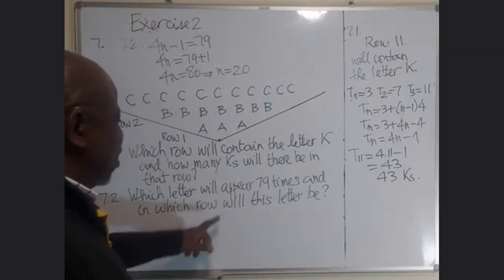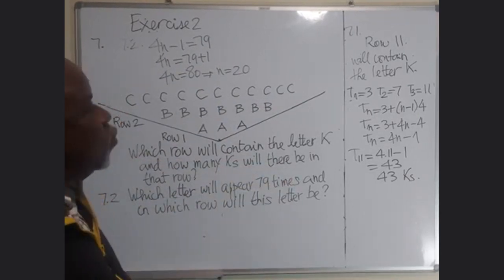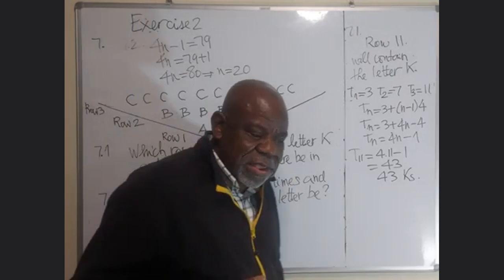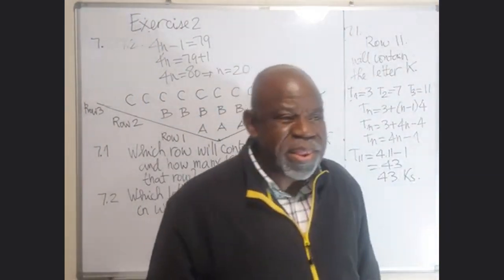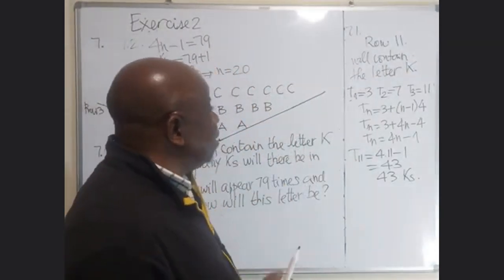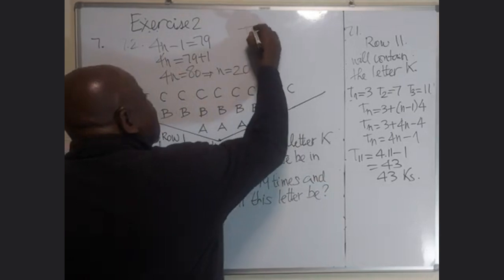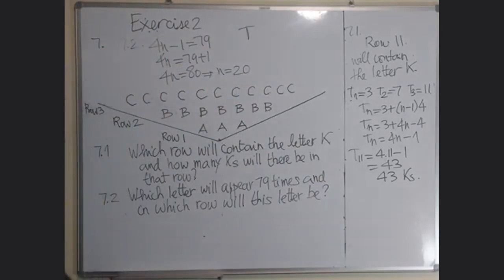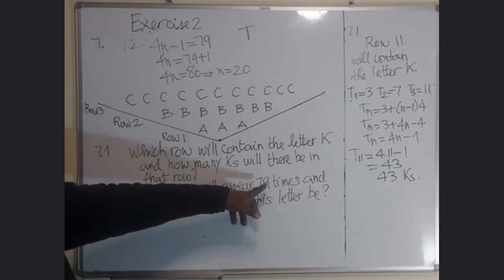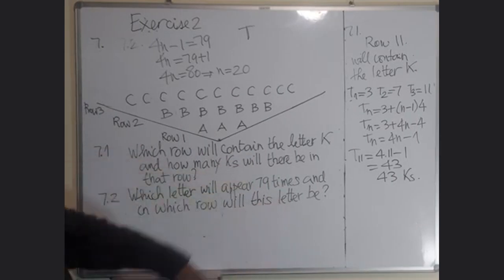So which letter will appear 79 times? We have found that K is letter number 11, and letter number 20 is going to be T. T is letter number 20. And which row will this letter be in?